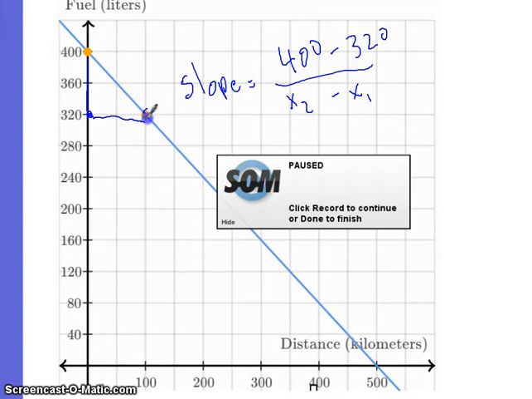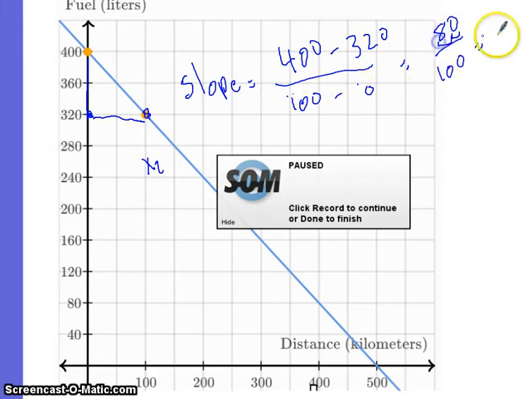Well, x2 is here at 100, and x1 started at 0, so that's 100 minus 0. So 80 over 100, and if I move the decimal point 2 times, I do get a slope of 0.8. So the slope that I have drawn has a slope triangle where the slope is 0.8, in fact negative 0.8, and the intercept is 400, b is 400, just like I wanted.